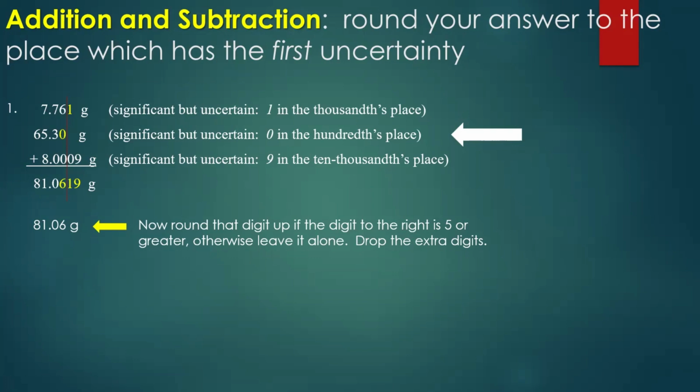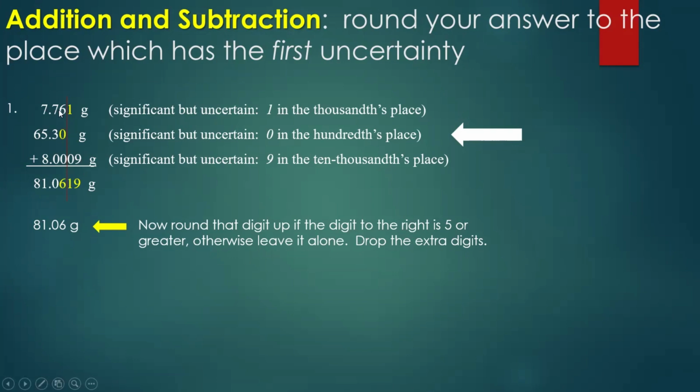The 9 right here was supposed to be yellow. So the uncertain number here is the 1. The uncertain number here is the 0. And the uncertain number here is the 9.